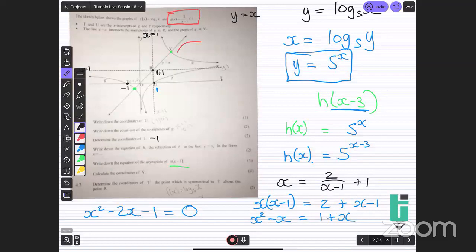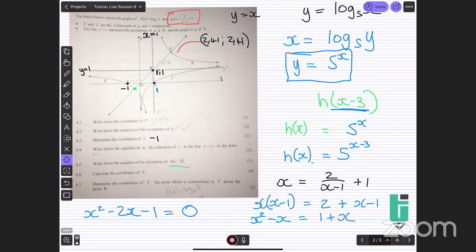So it's 2,4 and 2,4. You could have substituted it back, but then you would have wondered why you are getting the same answer. Do you understand why it's the same answer? Because the point lies on the line y equals x.